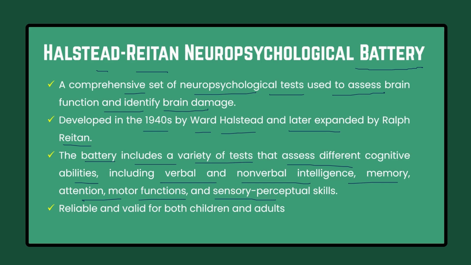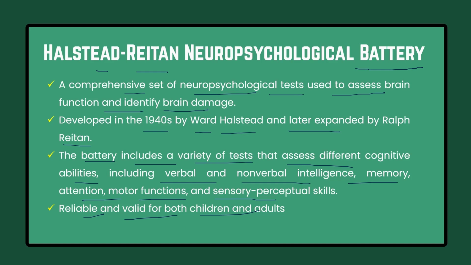Then it's reliable and valid for both children and adults. Okay, so this test is very reliable, and it can be used to study a patient. Even if you conduct the test today and then repeat the test after a month, it will give consistent results. That is what is meant by reliability. It will give you consistent results every time you use this test to measure the cognitive function of a person.